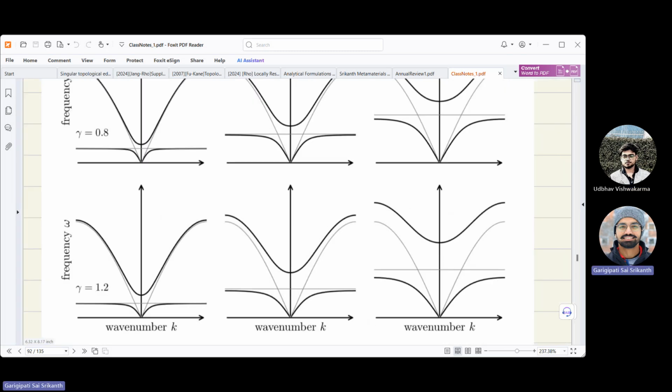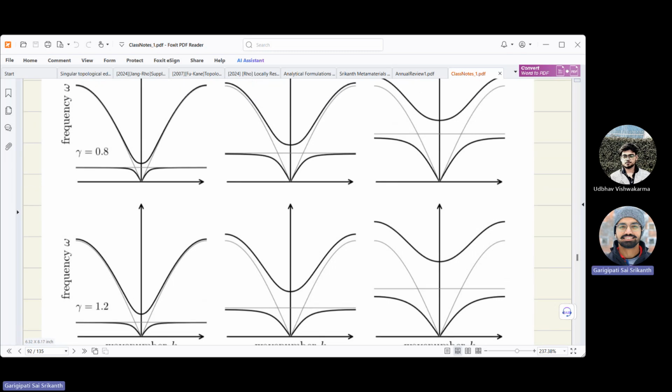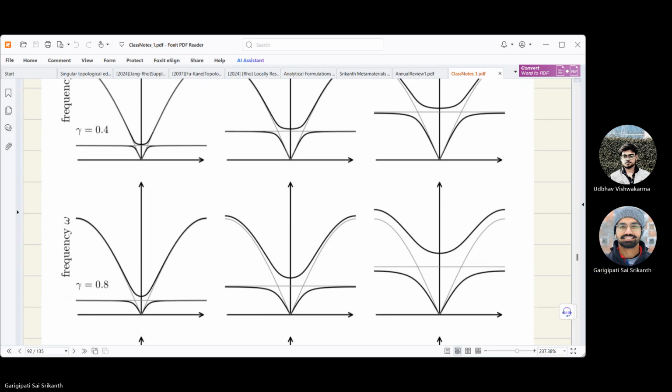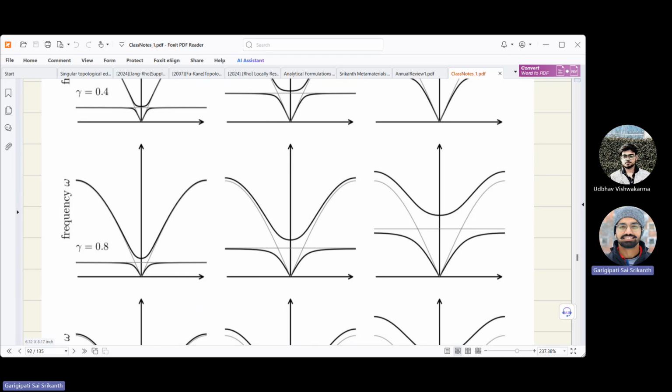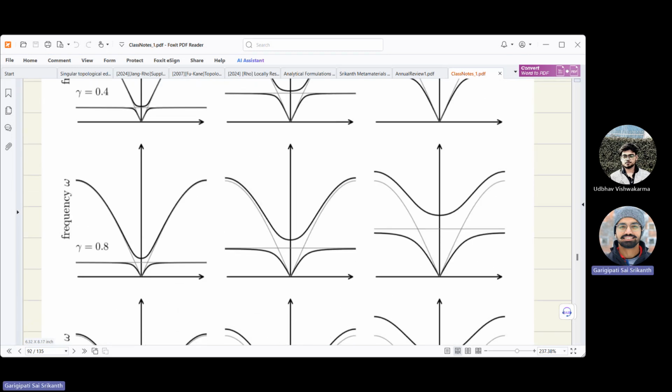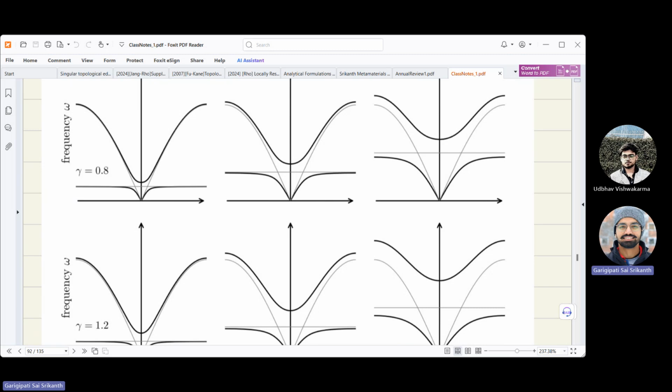See, this gamma is coupling strength. What they are saying is, if coupling strength is low, the gap opening is narrow, if you keep it low enough. But if you increase the coupling strength, you can broaden it. That's what they're showing, broadening. This is the first column.